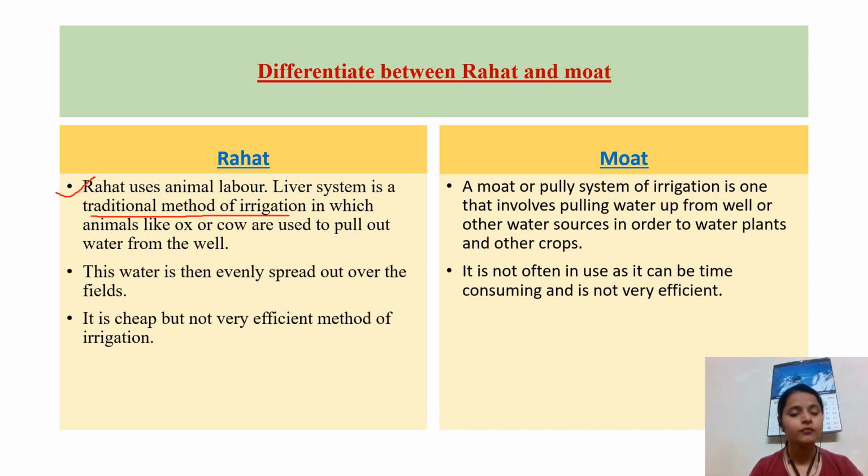The next point is this water is then evenly spread out over the fields. And also it is cheaper but not a very efficient method of irrigation. Whereas Moat is not often in use as it can be time consuming, yes of course, and it is not very efficient.